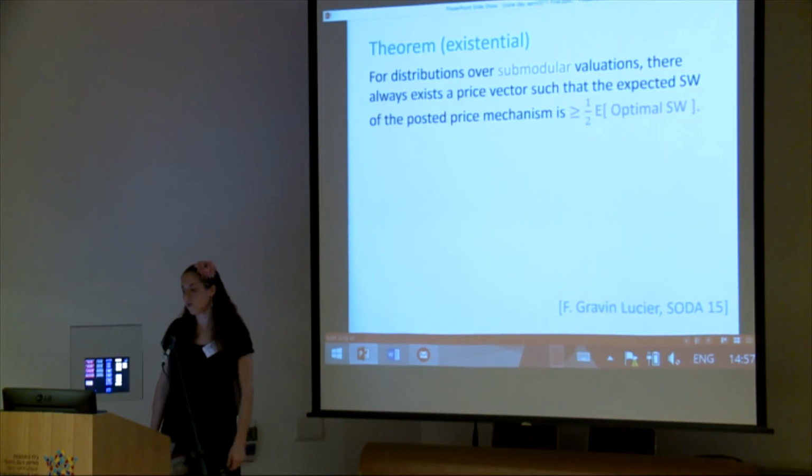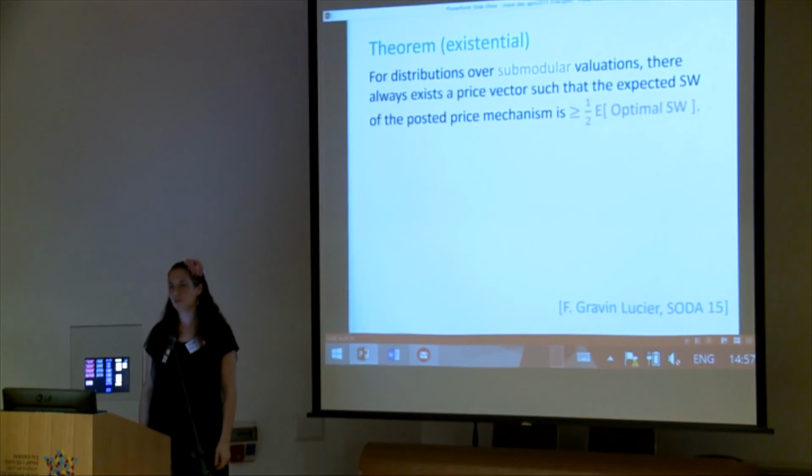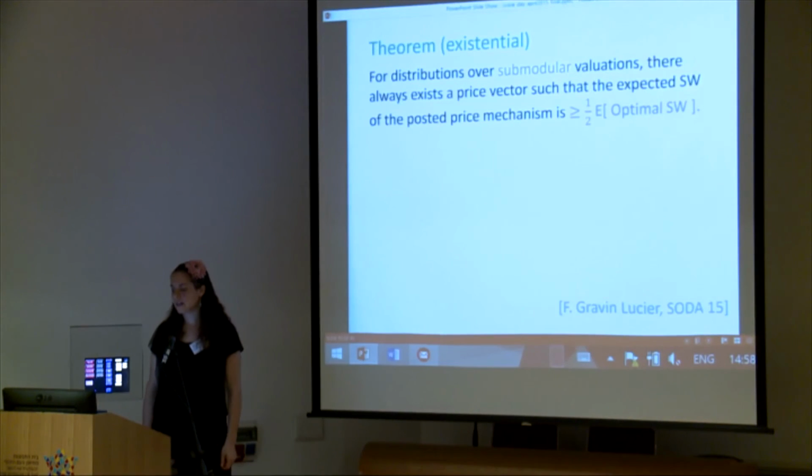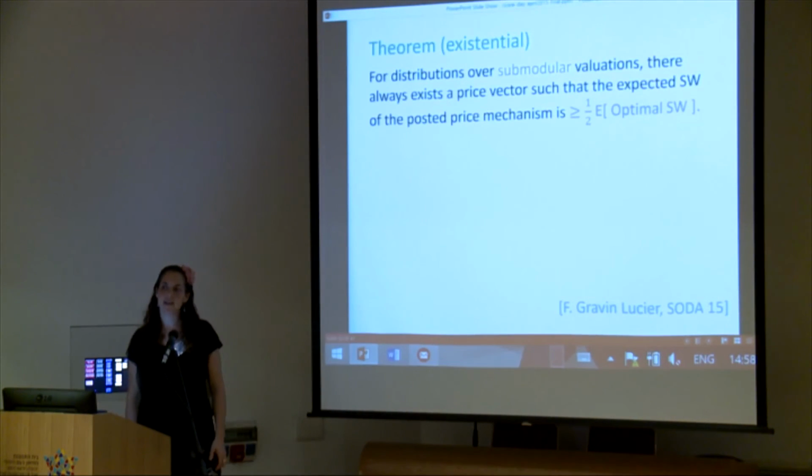What we show is that for distributions over submodular valuations, there always exists a price vector that gives us, in expectation, social welfare that is at least a half of the expected optimal social welfare. So there exist such prices in terms of existence.